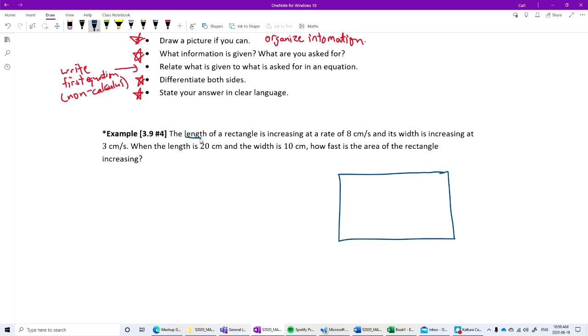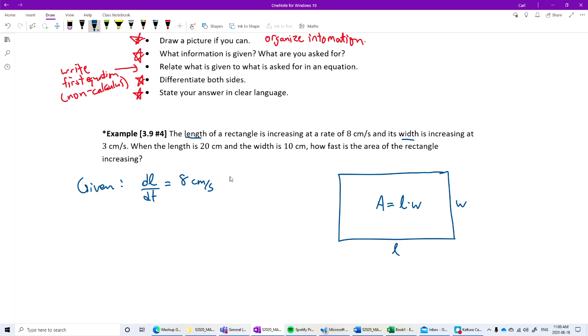And we have the length and we have the width. So let's call that L and let's call that W. And the area is going to be length times width. So that's our picture. And what are we given? We're given that the length, dL dt, is increasing at 8 centimeters per second.